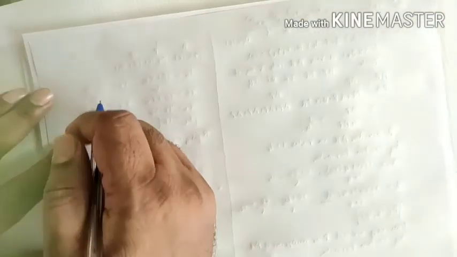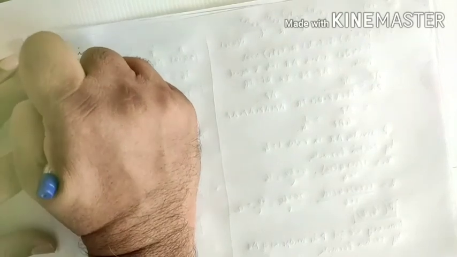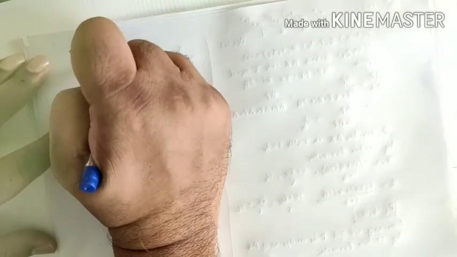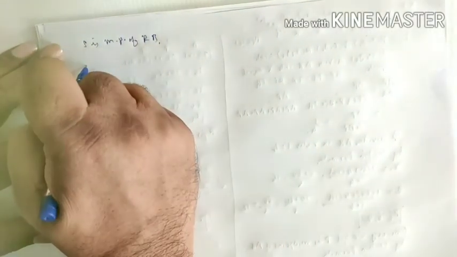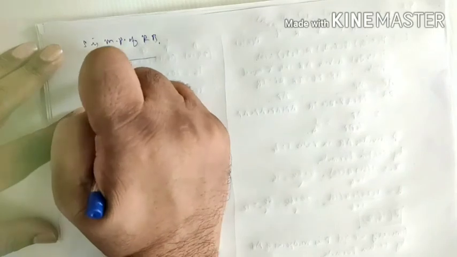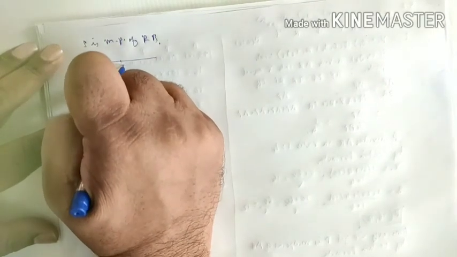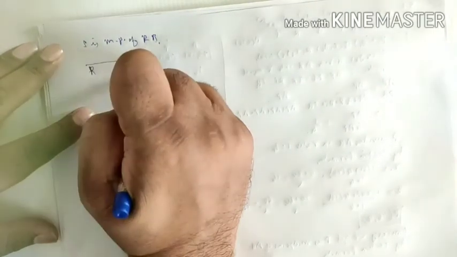Similarly, S is midpoint of RB. See S, this is S, this is R, and this is B. What are the coordinates of R we got?